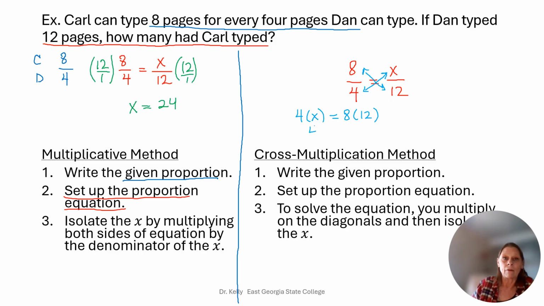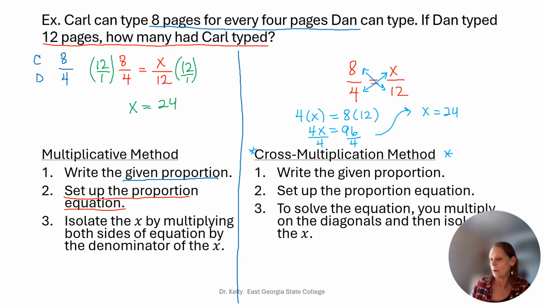Solving this, we have 4x is equal to 8 times 12 is 96. And when we divide both sides by 4 here, or multiply both sides by 1/4, we get x is equal to 24. Now this is without a doubt the preferred method, and the method that will be used almost exclusively once you get to this point in your teaching.